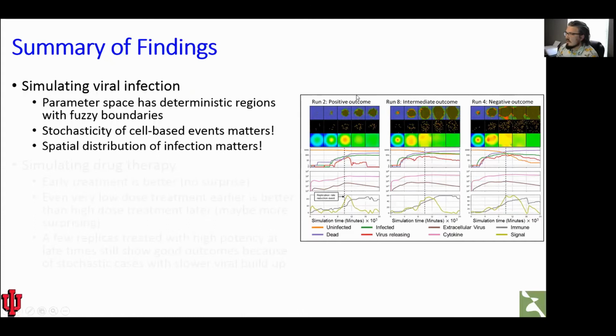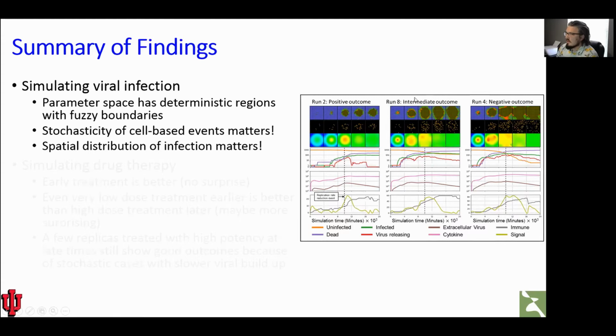We found that the reason for a positive outcome, as opposed to, say, an intermediate outcome, was the stochasticity at very early infection. In this case, it just so happened that the first infected cell in our simulation died. A neighbor cell was infected later, but at this time, the drug therapy simulations that we were using, this drug therapy was able to stop infection due to that delay, which was due to stochasticity.